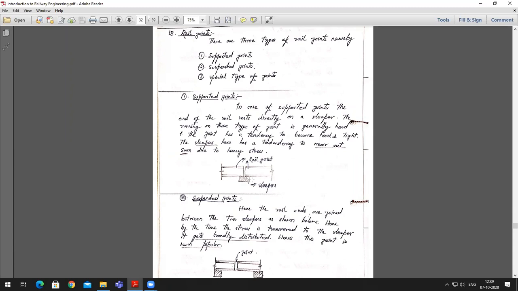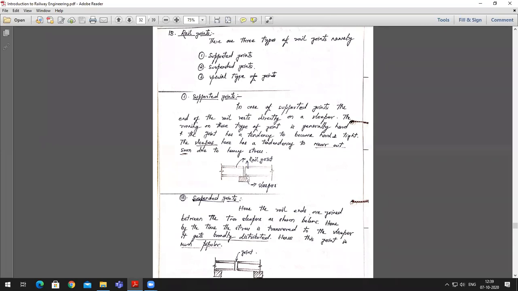Sleepers are usually made of cement concrete, or they might be steel based. Due to this impact, wearing out on the top of the sleeper in this section will be excessively seen. So the sleeper just below the joint will start deteriorating at a faster pace, and hence it might lose its stability and durability.